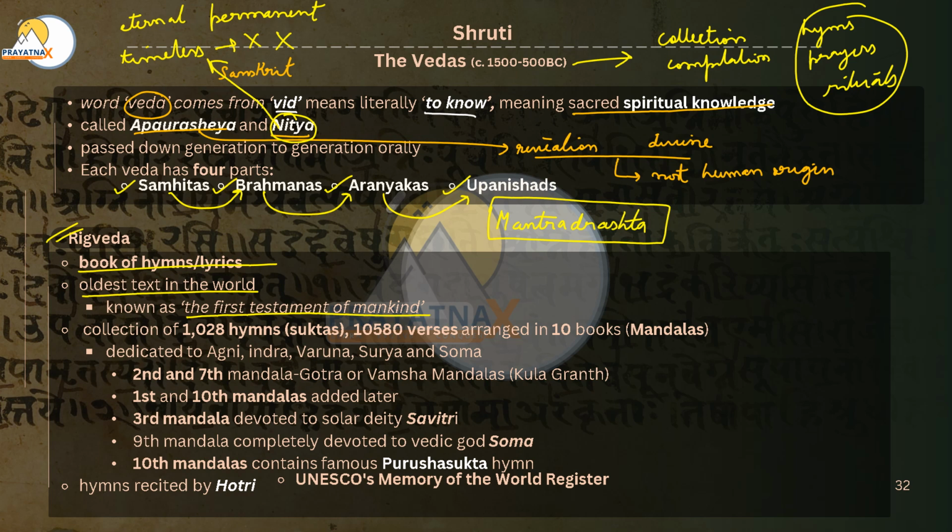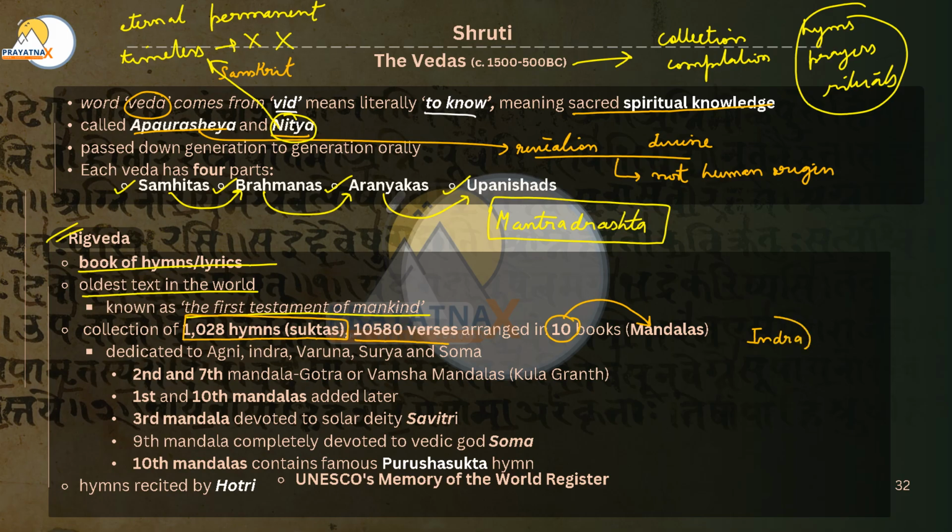Rigveda contains about 1028 hymns, which are also known as suktas, and a total of 10,580 verses, which are arranged in 10 books, which we call mandalas. You'll see that most of the shloks are dedicated to Indra, the most popular god.